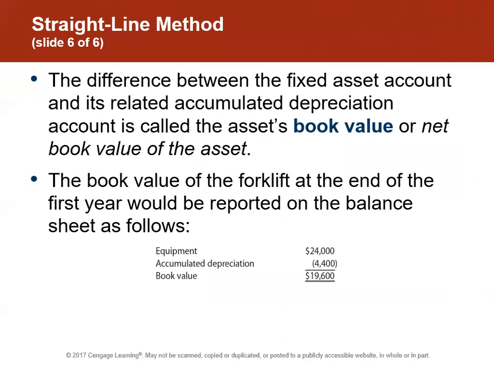Again, the forklift could be worth more or less than that in the real world at that point. That's just our book value, what's on our books. So on the balance sheet, we would see equipment minus accumulated depreciation. So the book value would be listed as the asset's value.